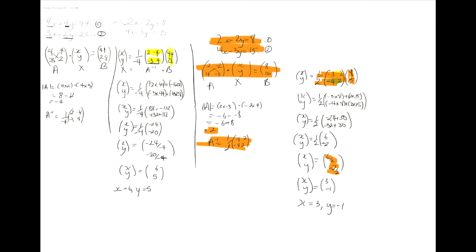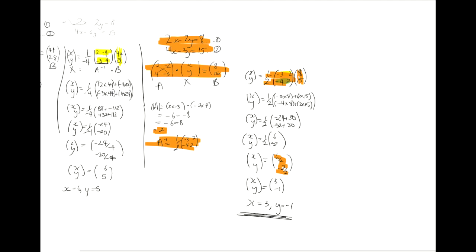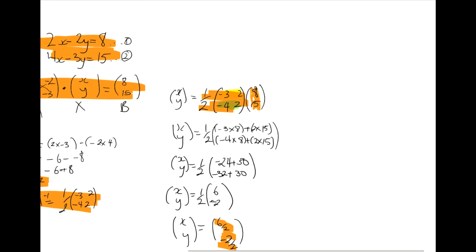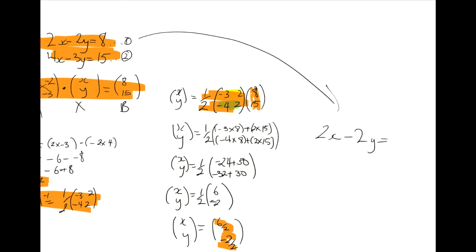But there is a way to check it to make sure that your two answers, what you get out at the end, for instance, this x equals 3, y equals negative 1, are correct. What we can do is substitute these two variables into any of these equations above. So for instance, let's see how this goes. We're going to use equation 1. Equation 1 is 2x minus 2y equals 8.